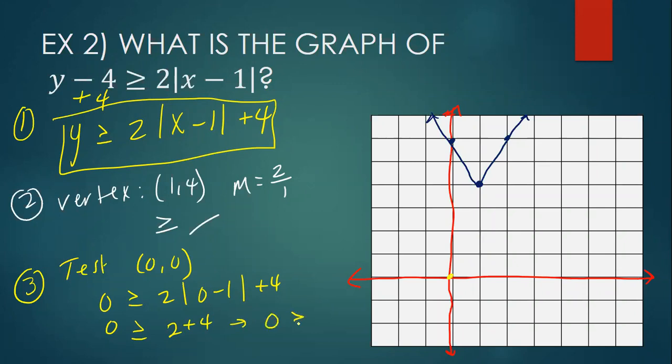So 0 is greater than or equal to 6. Is that a true or false statement? False. So I do not shade the area where 0, 0 is. I shade the opposite space. So I'm going to shade this space where 0, 0 does not lie. And there you go.